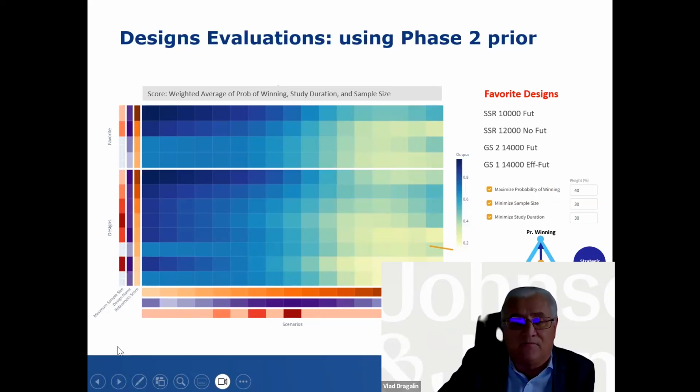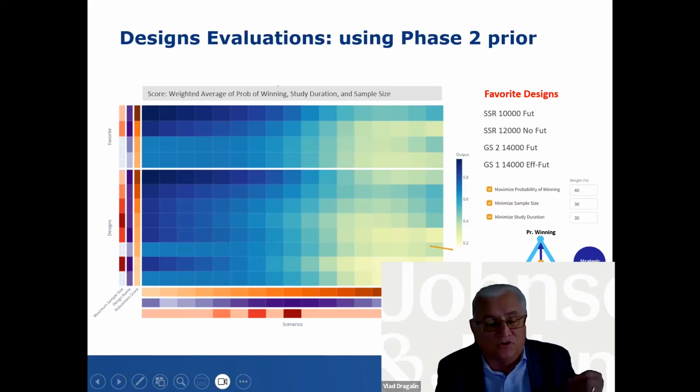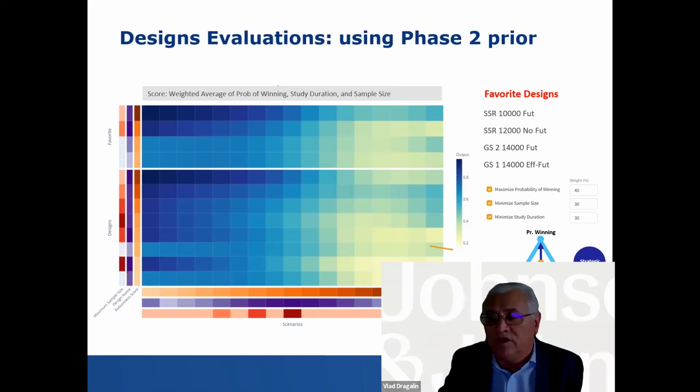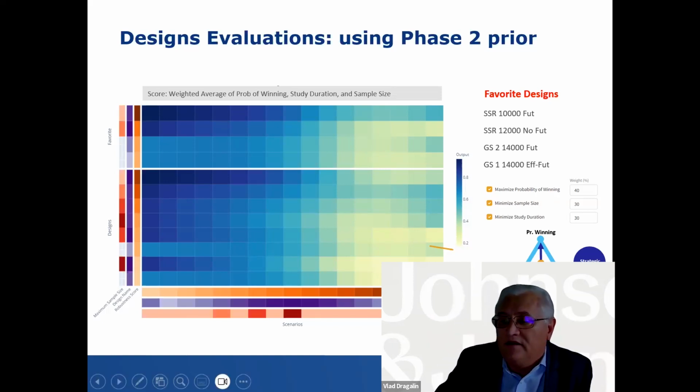So after I set up all this, I want to spend some time explaining how Solara is optimizing or looking for an appropriate design. It's not taking just power as one objective, but is looking at this triangle, right? Usually they call it study duration is crucial, sample size or cost is crucial, and then probability of winning.